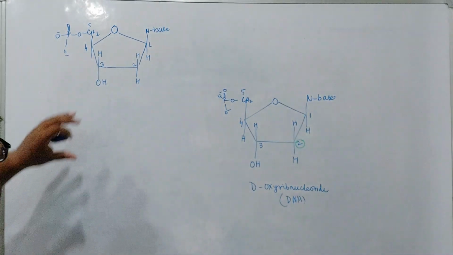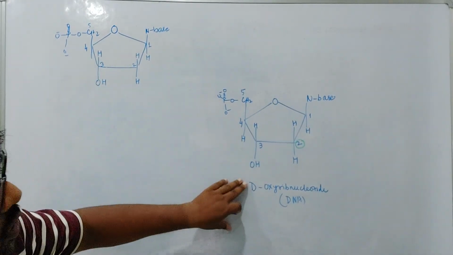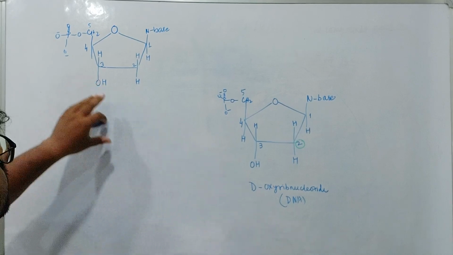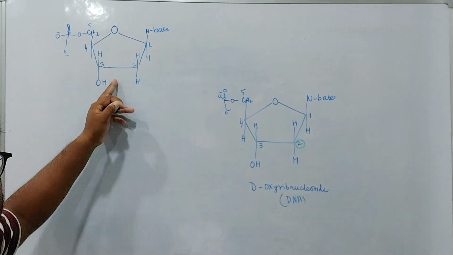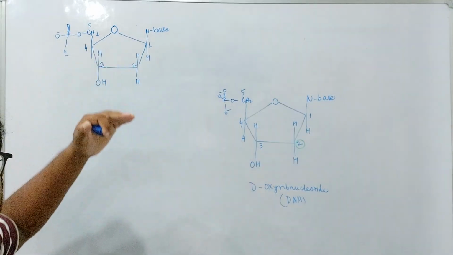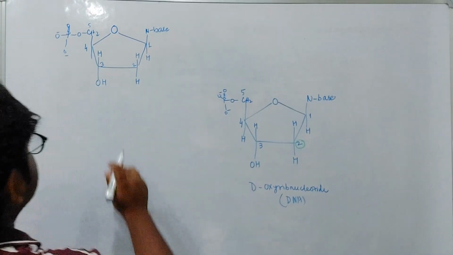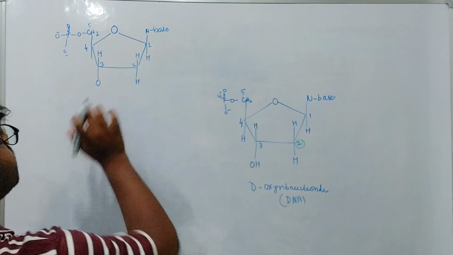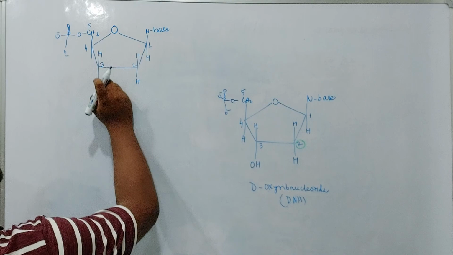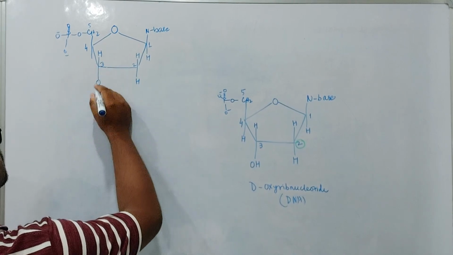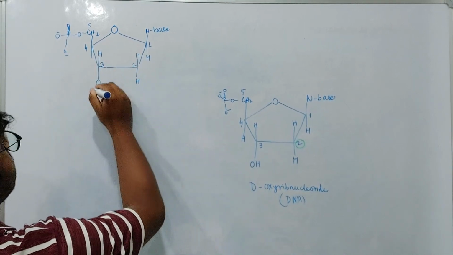See, this is a deoxyribonucleotide, and another deoxyribonucleotide will combine with this monomer unit. How? Let's check. The oxygen connected to the 3rd carbon is the O3, or C3 oxygen, whatever you can call it.